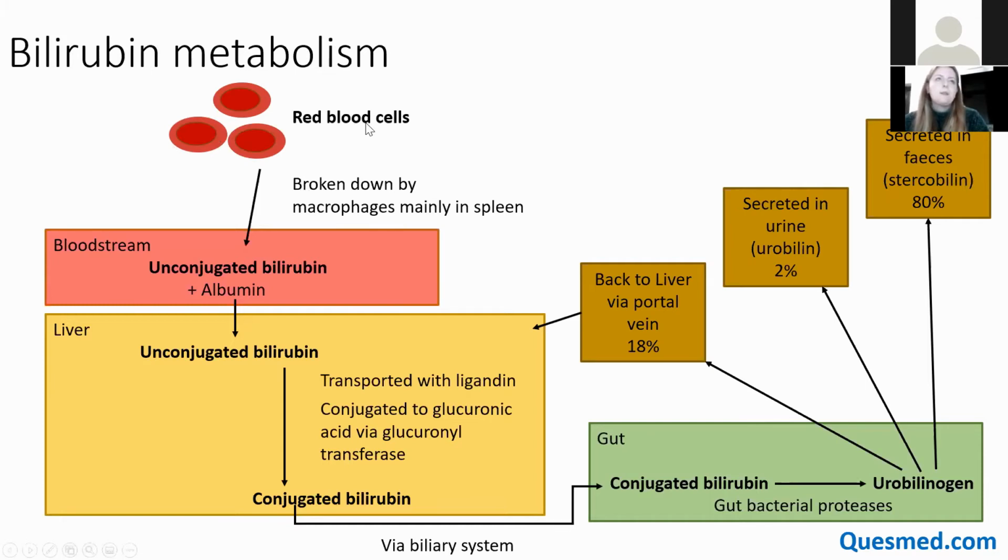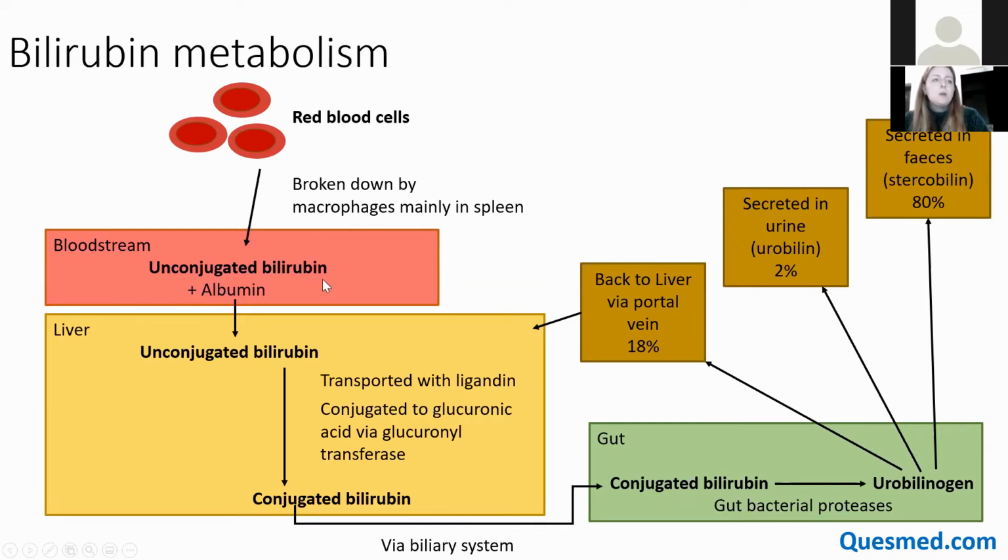Red blood cells last for about 120 days before they eventually get broken down, mainly by macrophages in the spleen, although it does happen in other parts of the body as well. I won't go into the detail of it, but essentially through a series of oxidative reactions, the heme part of hemoglobin is broken down into bilirubin, and then bilirubin enters the bloodstream.